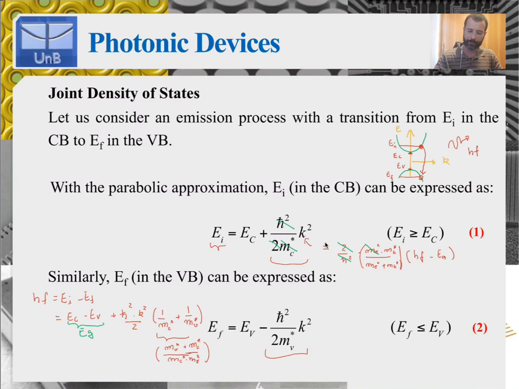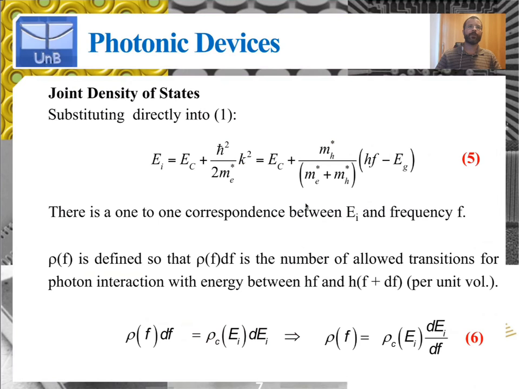And we end up with Ei equal to Ec plus mh star divided by me star plus mh star multiplied by hf minus Eg. And this gives us the initial energy Ei as a function of the frequency f. Notice that all of these other things are constant. So Ec is the band edge for the conduction band.